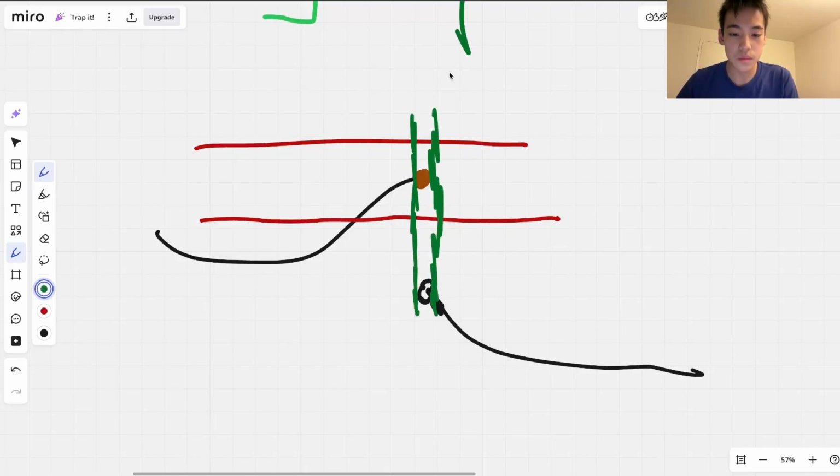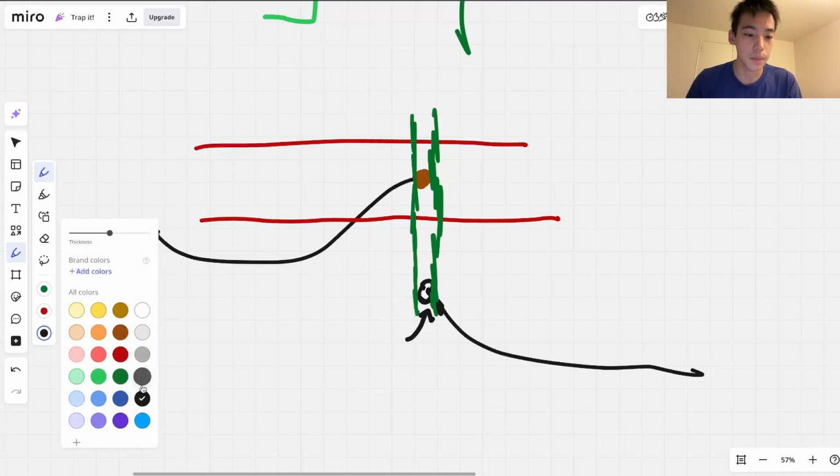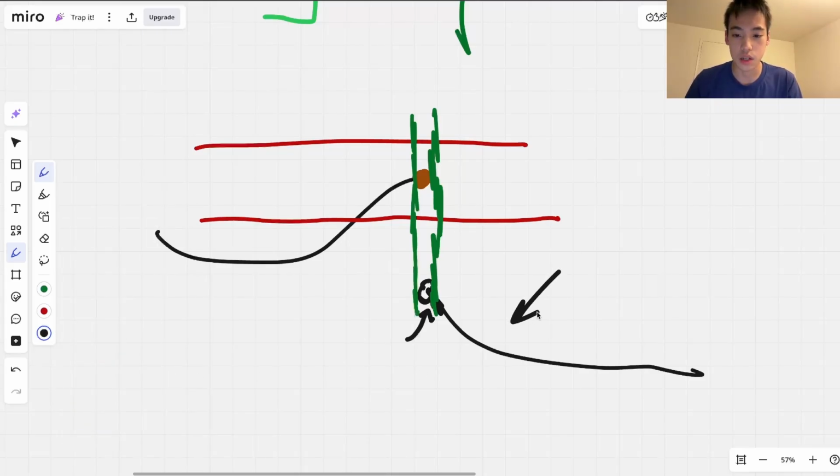We're still going to get some bottom piece right below the red line, because if you go even a little bit to the right of the brown point's x coordinate, you're always going to have this tiny piece of the black piece denoted by this arrow.